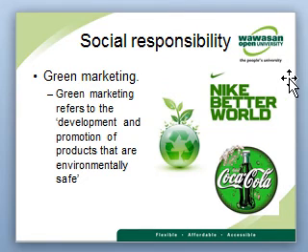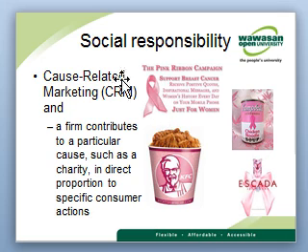When we talk about social responsibility, there are two areas. One is called green marketing, because today's trend of social responsibility is to go green, to sustain the environment for a better tomorrow. For example, Coca-Cola, instead of using red, is using green, and you can recycle the bottle or the can. Another way of corporate social responsibility is cause-related marketing.